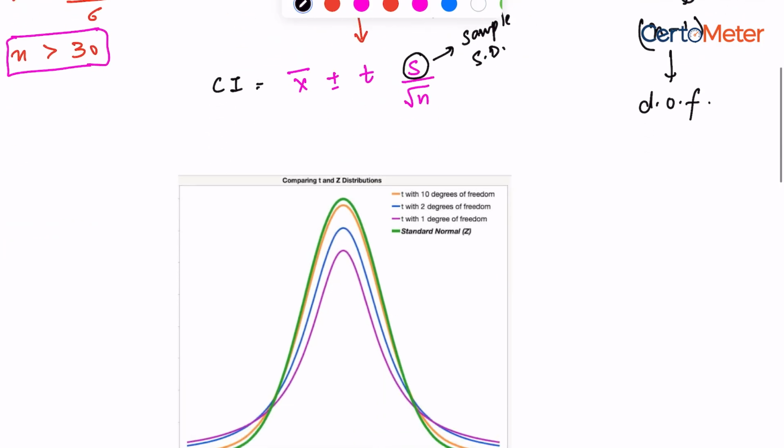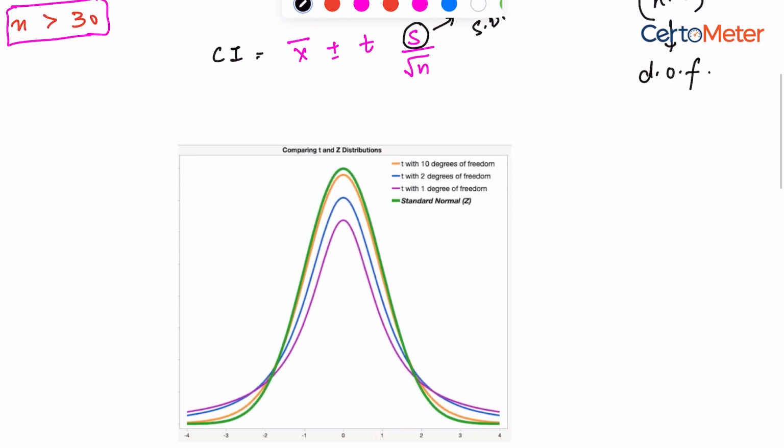Now here you can see I have drawn the graphs with different degrees of freedom. You can see my orange graph is basically my T test with 10 degrees of freedom. 10 degrees of freedom basically means that the n value is equal to 11. Similarly, this blue graph is again a T test done with 2 degrees of freedom. That means my n value is 3.